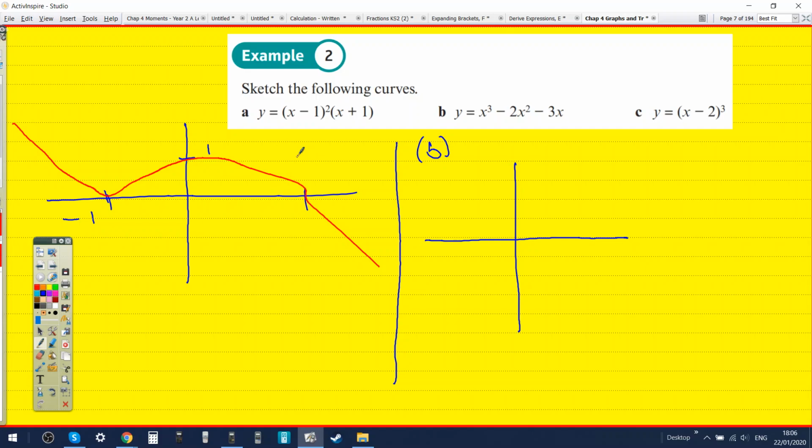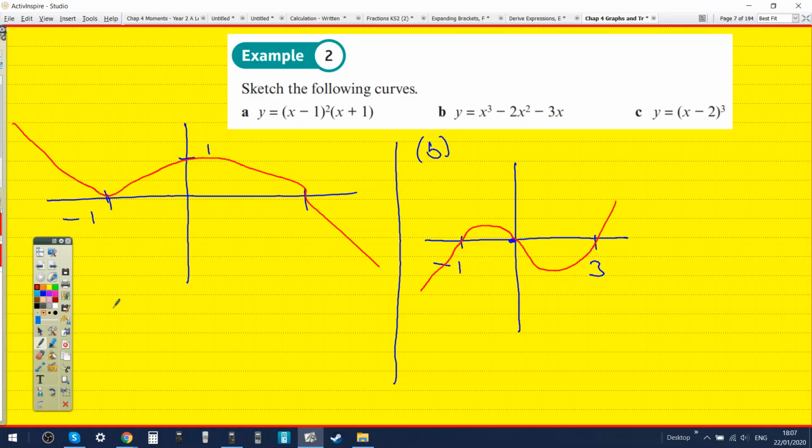So x equals, so x, it crosses at 3, -1 and 0. Y-intercept? 0. Yep. And so that's going to look like that.